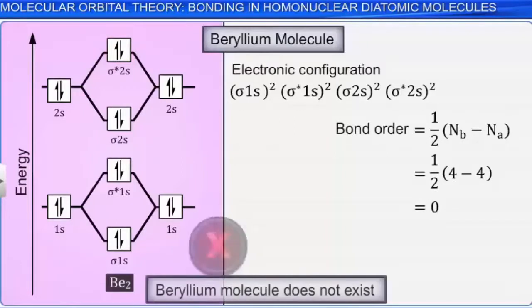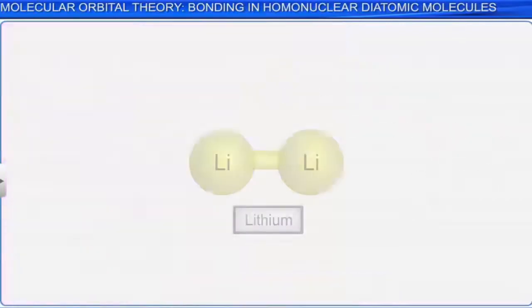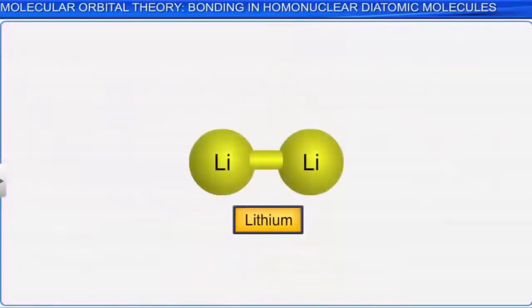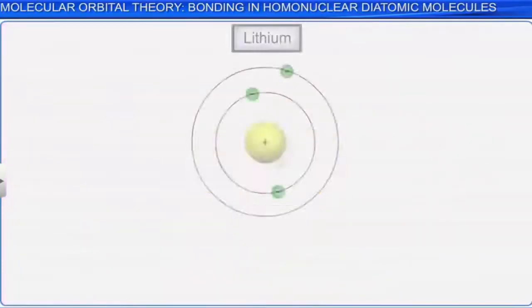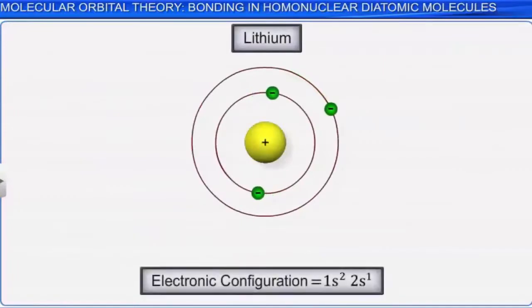Now let's see the bonding in a lithium molecule. A lithium atom has an electronic configuration of 1s2 2s1. Thus, there are 6 electrons in a lithium molecule.